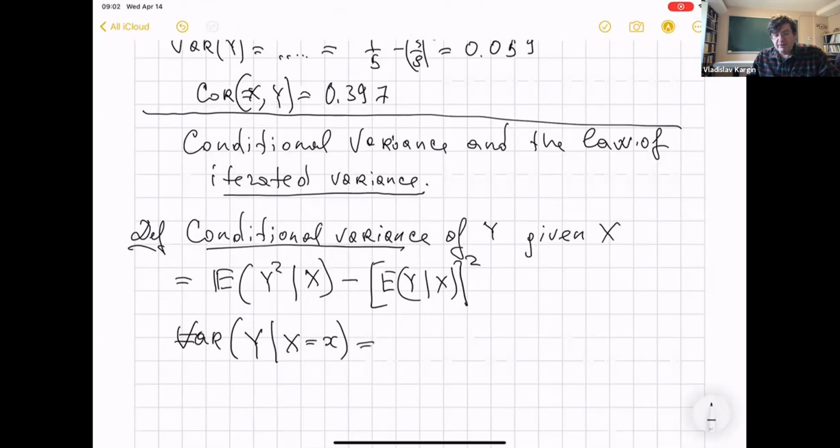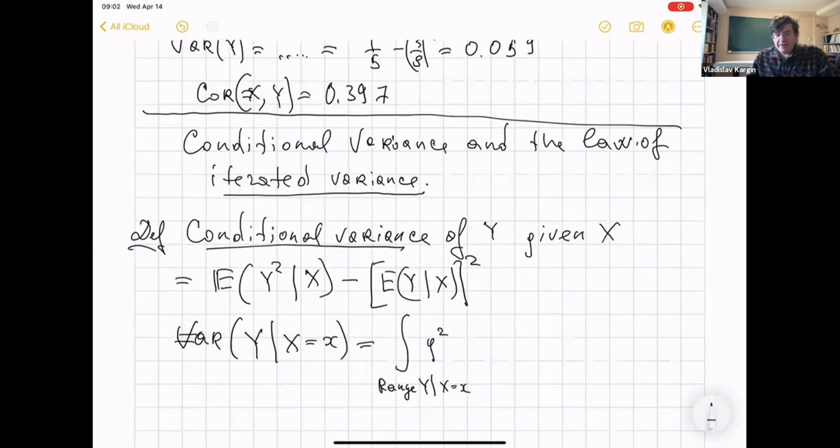It's equal to the integral of y squared, where the integral is over the range of y, given that x is equal to small x.